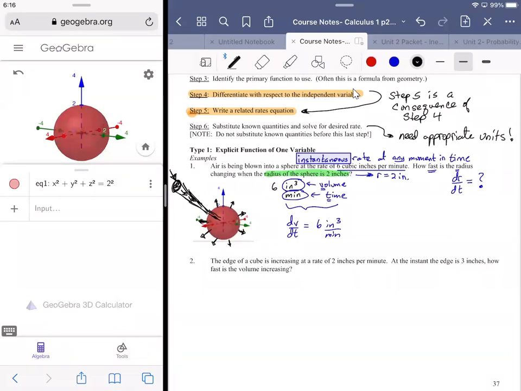So there's some source that's blowing the air into the sphere, and it's increasing the size. The obvious example would be a beach ball or something like that. But that's kind of a tricky example because you don't start off with a full perfect sphere and then increase its radius from there.